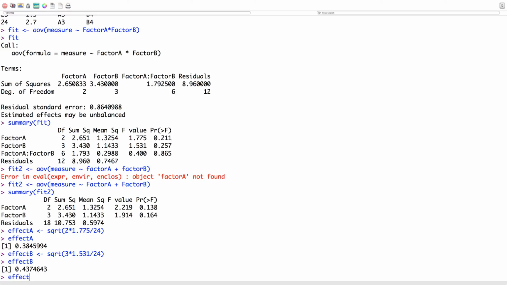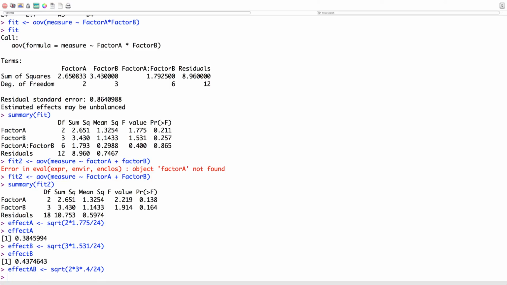So my effect for AB, as I'll call it, is the square root of 2 times 3. Well, I don't know why I did that. Times the test statistic for the interaction effect, which is 0.4, divided by 24.